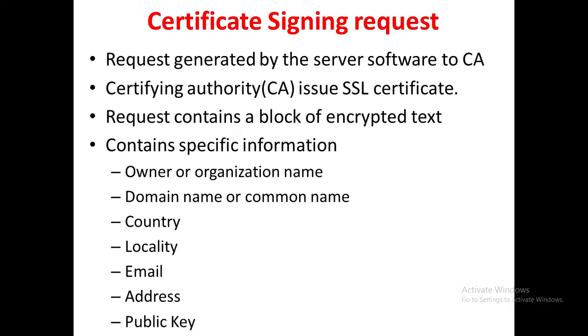For example, if you want to make your website secure, you will give your name or company's name, then the domain name you are using for that website, then the country or region, state, locality, your email, your address, and you will send your public key, which will be decrypted by that certifying authority.